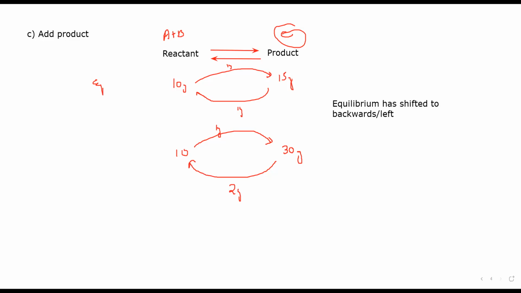So equilibrium shifted towards left. If equilibrium is shifted towards left, what will happen to the yield? The yield will decrease.